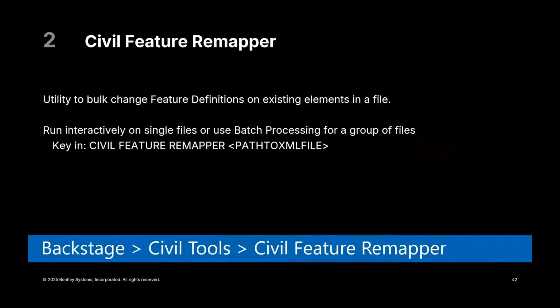The next thing I want to mention here is a utility called the Civil Feature Remapper. This is something we put together a number of years ago. It was originally done to help people upgrade from V8i to Connect Edition, but it's since been extended to really help with any kind of remapping of data from one, think of it as a workspace definition, to another.